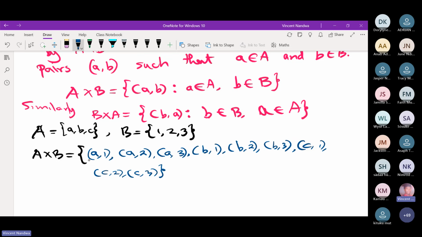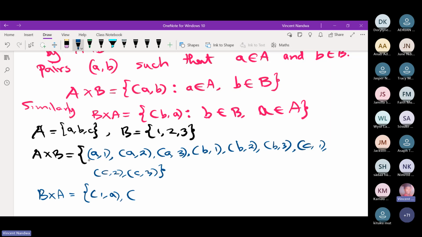And then let's define B cross A. B cross A means that the first element in every pair will be coming from set B. So the first one, you take (1, a), followed by (1, b), and then (1, c). So that you don't confuse yourself, just ensure that you take every element and pair it with all the elements in the second set.